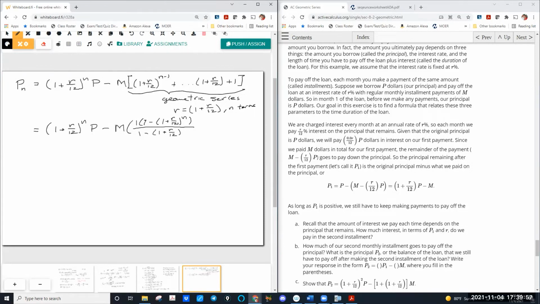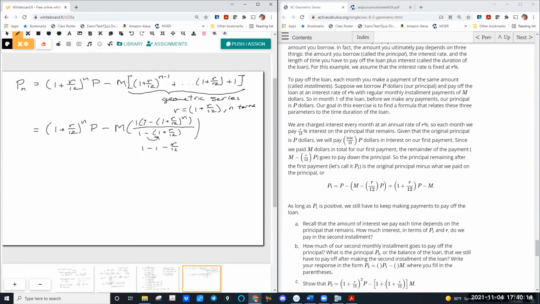This is that same formula we used last time. We can make this a little bit easier to work with. If I distribute this negative, I'm going to end up with 1 minus r over 12.